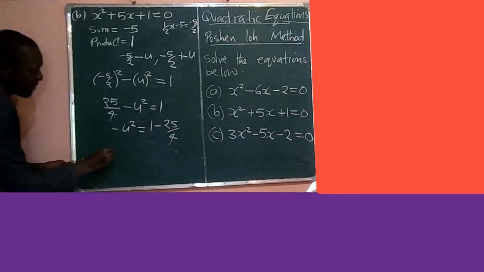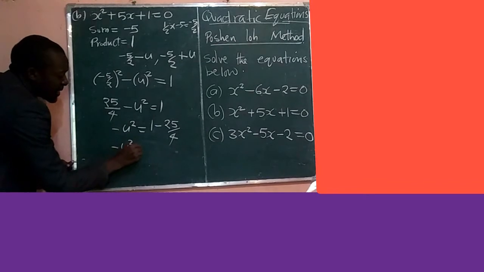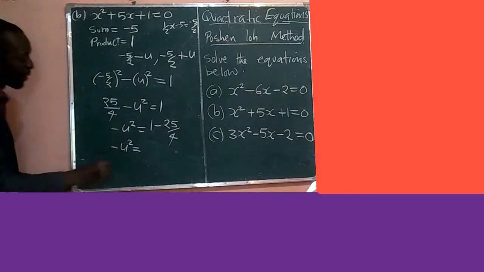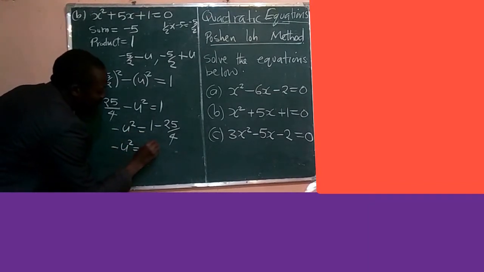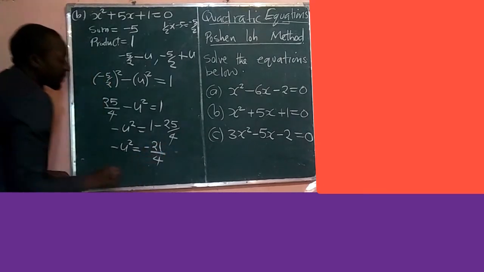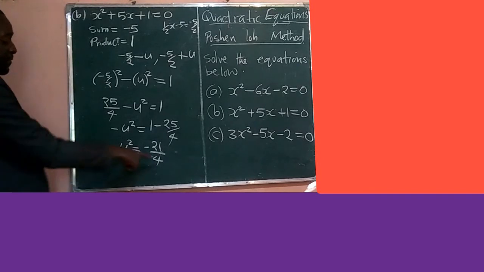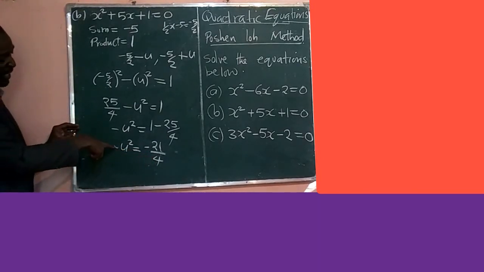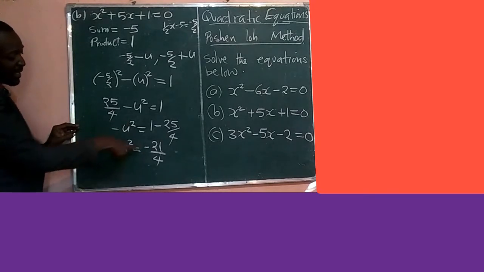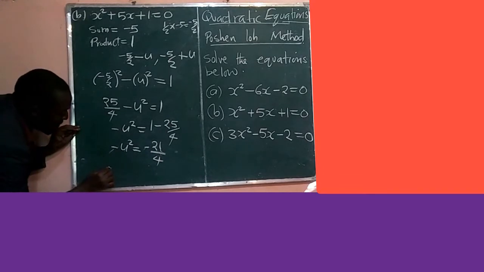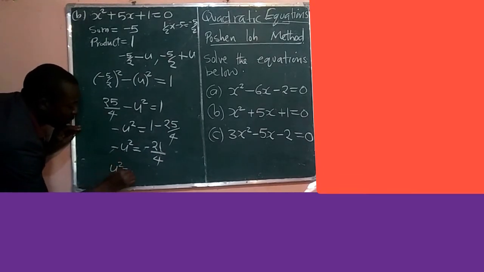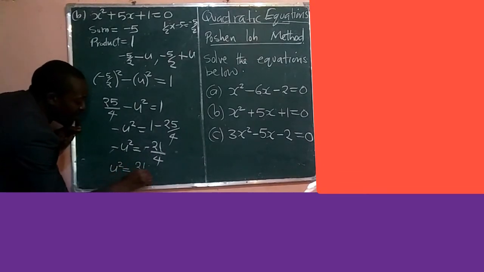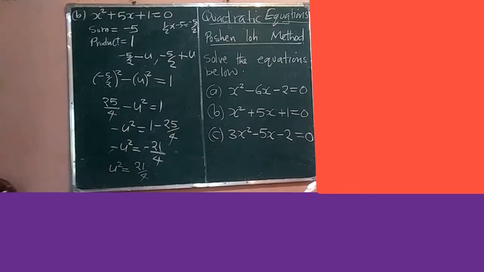Okay, so which will give us negative u squared is equal to, when we subtract here, we are going to get negative 21 over 4. So we have negative 21 over 4 here. And as you can see, there are two negatives on both sides, negative here and another negative there. So these two negatives are going to cancel out. And you remain with u squared is equal to 21 over 4.